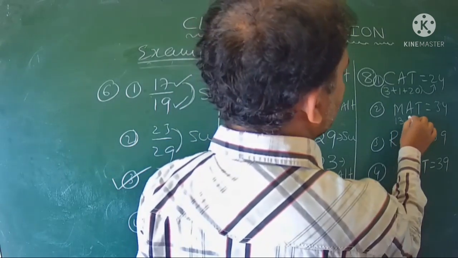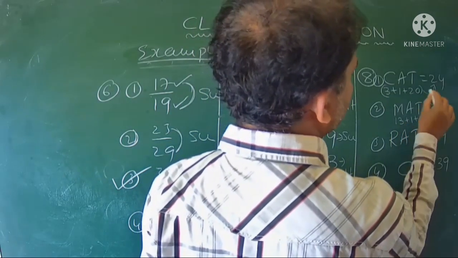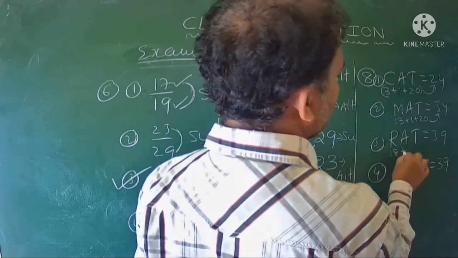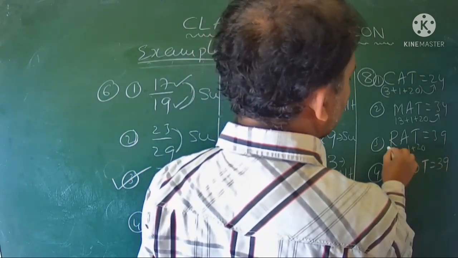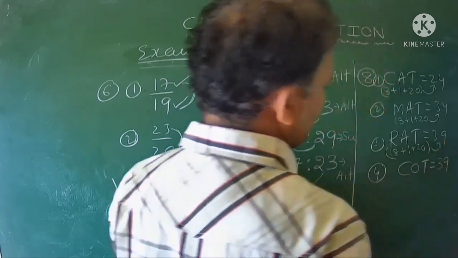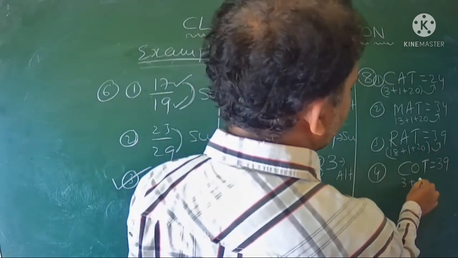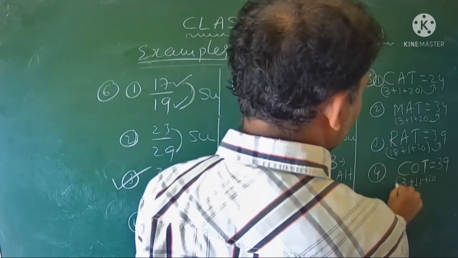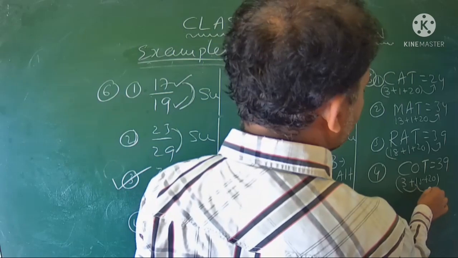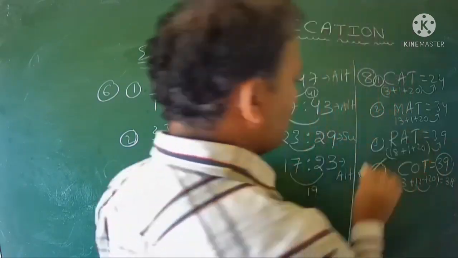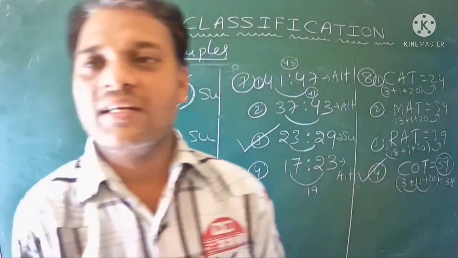Suppose M13, A1 plus T20, you will get 34. Suppose R18, A1 plus T20, so 19 plus 20 means 39 will come. Suppose if it is C 3 plus O is 15 plus T is 20, how much is it? 18 plus 20 is nothing but 38. But here 39 is given. That's why the fourth one is the odd one out.